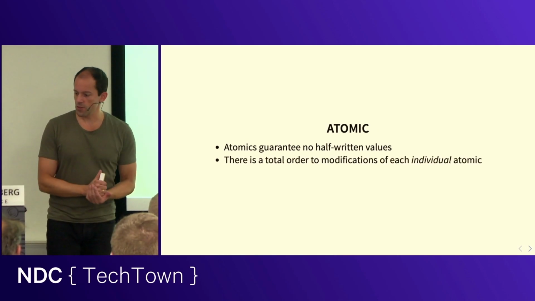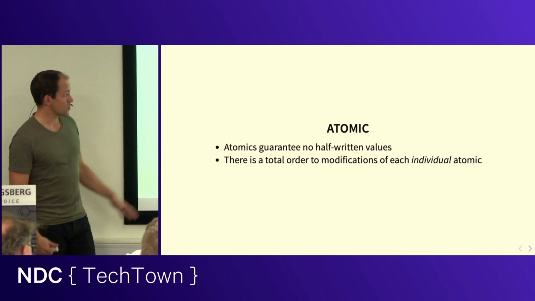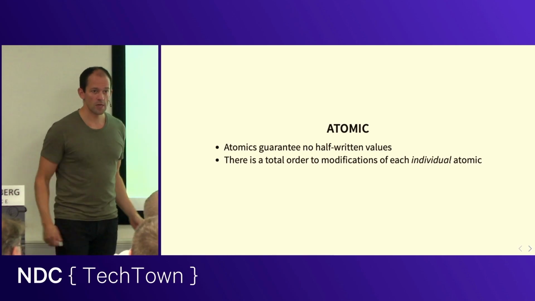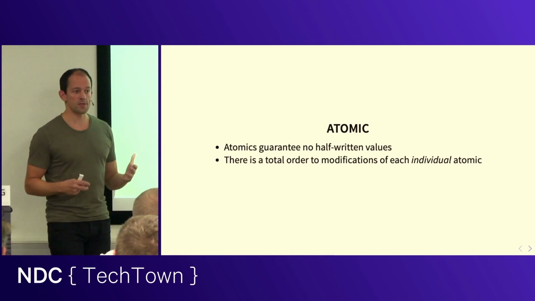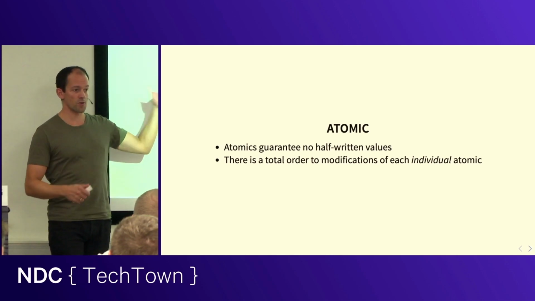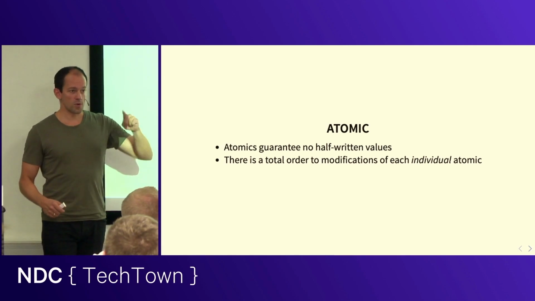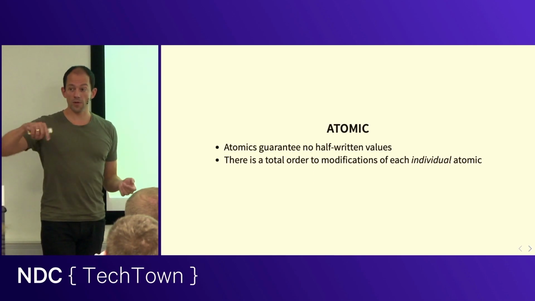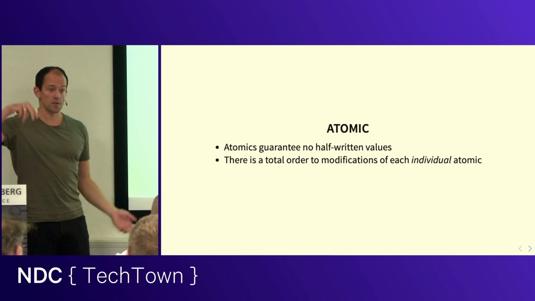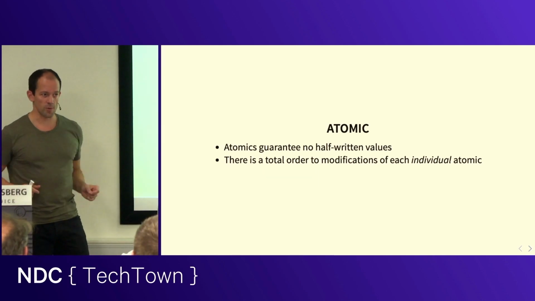And it also says there is a total order to modifications of each individual atomic. So no matter what kind of atomic you use, if one thread sees one order of modifications, all the other threads have to see the same. So if I have an atomic counter that I go plus plus, so it goes 1, 2, 3, 4, then all threads will also see 1, 2, 3, 4. It can't see 1, 3, 2, 4.